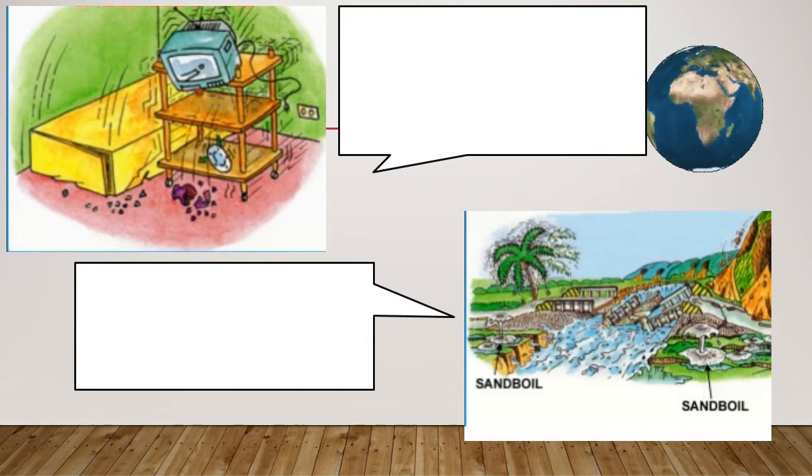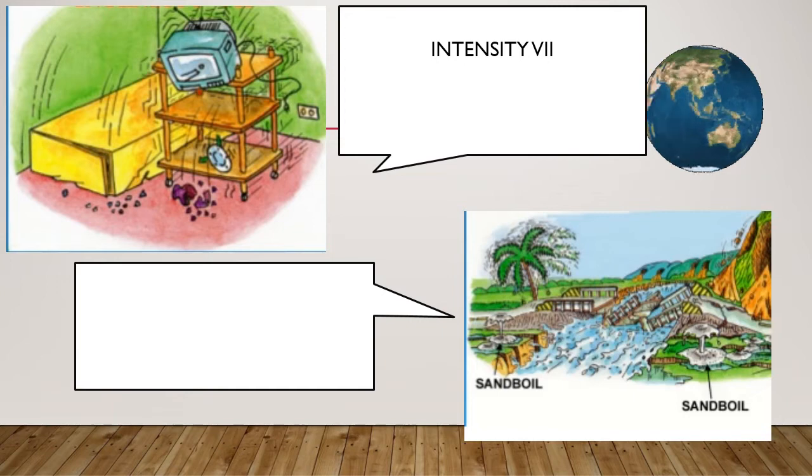Now, I want you to have this exercise. I'm showing you a couple of pictures and I want you to identify what intensity level each picture is showing. Let's have the first picture. The first picture is showing, very good, intensity 7.